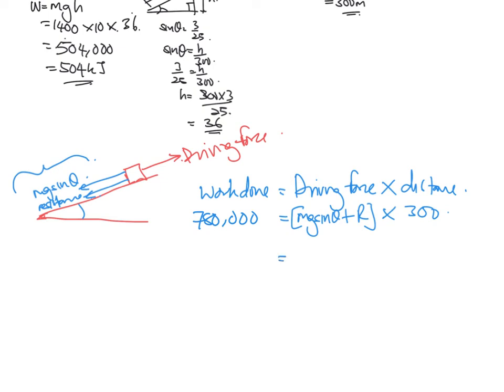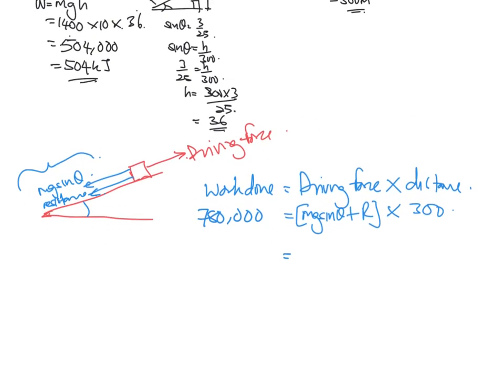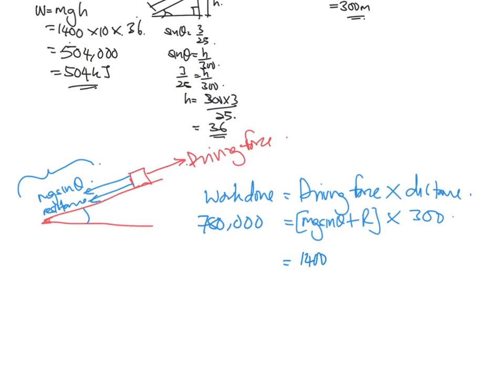If I want to find the resistance, m and g are given. m is 1400, g is 10, and sine theta is 3/25. So you add that, plus R, times 300.